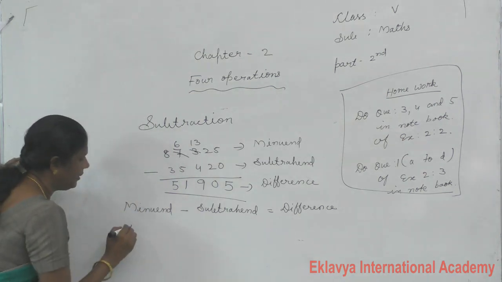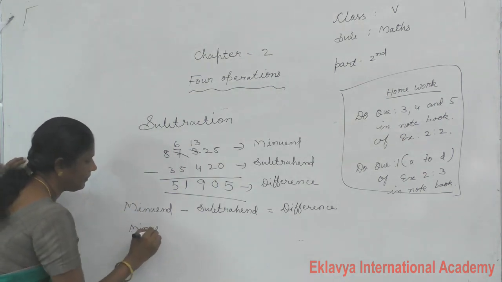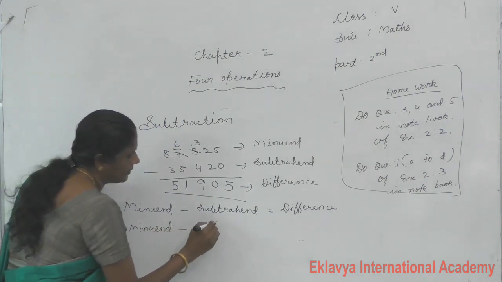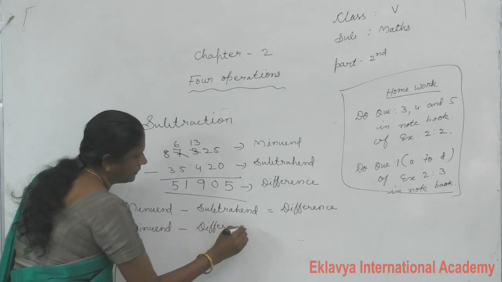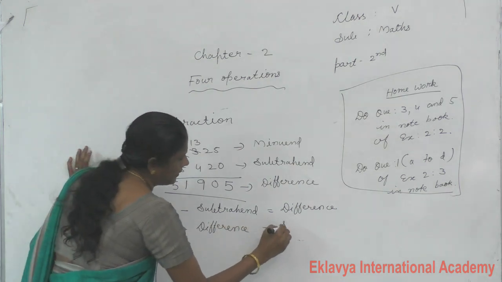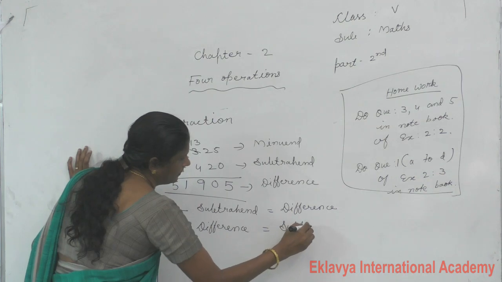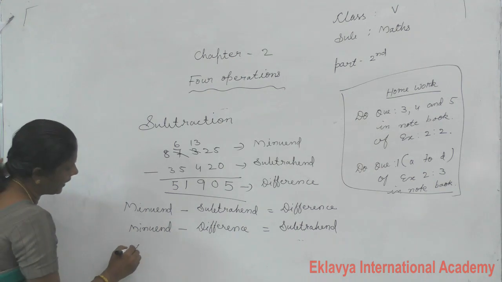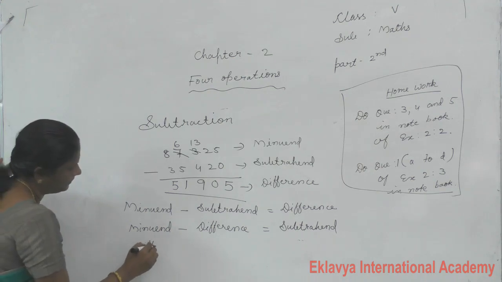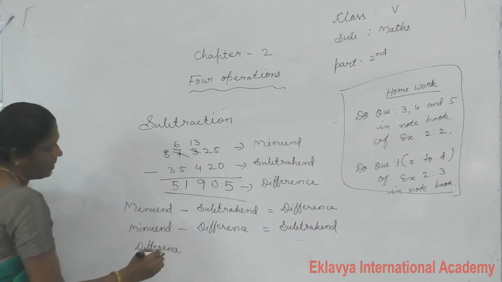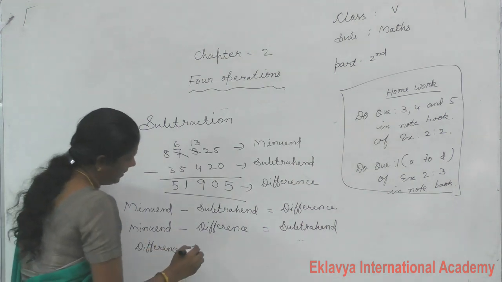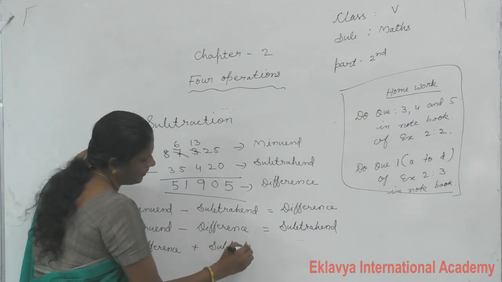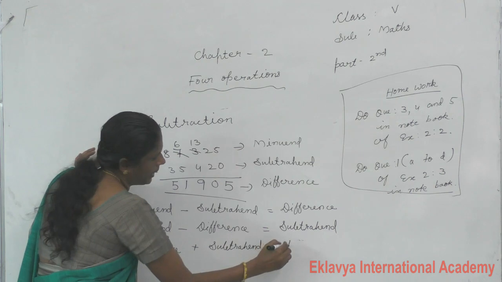Then minuend minus difference is equal to subtrahend. Then difference plus subtrahend is equal to minuend.